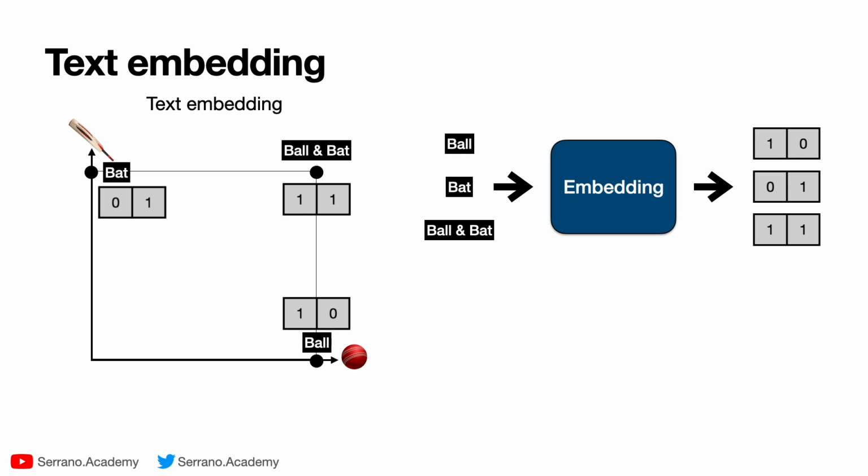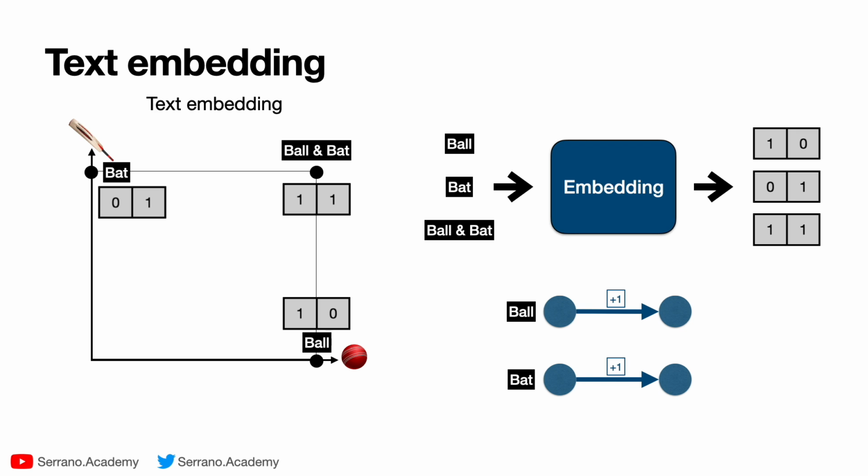So, to build the neural network, we need 2 inputs and 2 outputs. The 2 inputs are ball and bat, and the 2 outputs are the first coordinate and the second coordinate. And all we need to do is connect the ball with the first coordinate with an edge of weight 1 and connect the bat to the second coordinate with a weight of 1 and then put zeros on the other 2 weights.